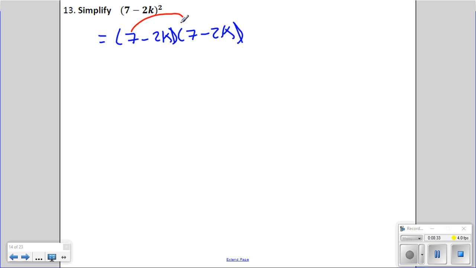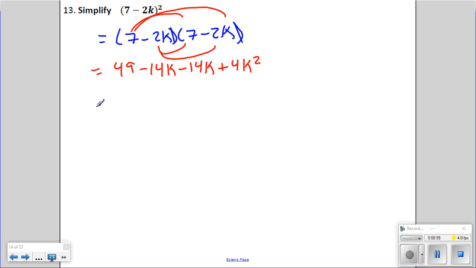So 7 times 7 is 49. 7 times negative 2k is negative 14k. Negative 2k times positive 7 is negative 14k. Negative 2k times negative 2k is a positive 4k squared.